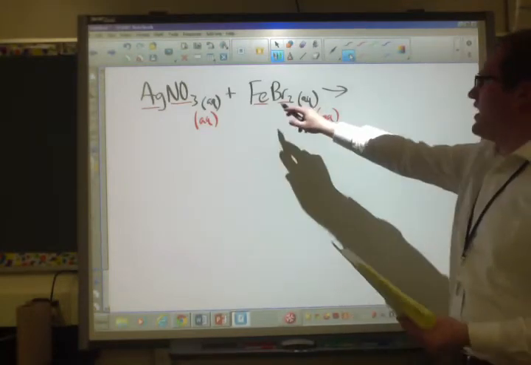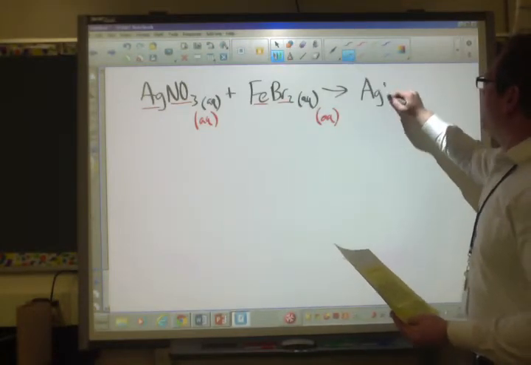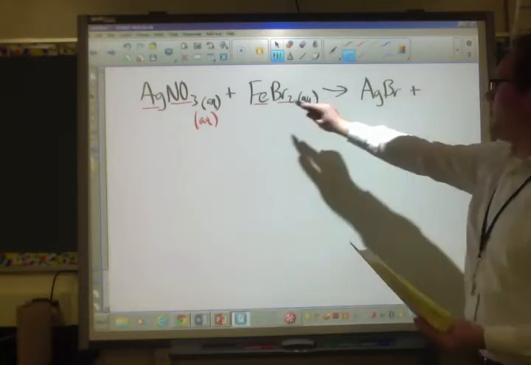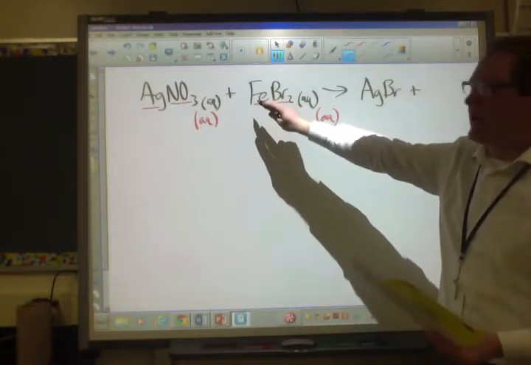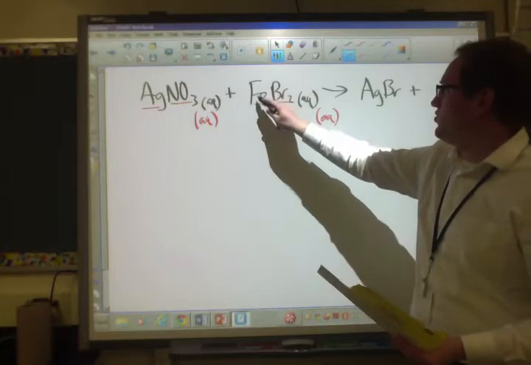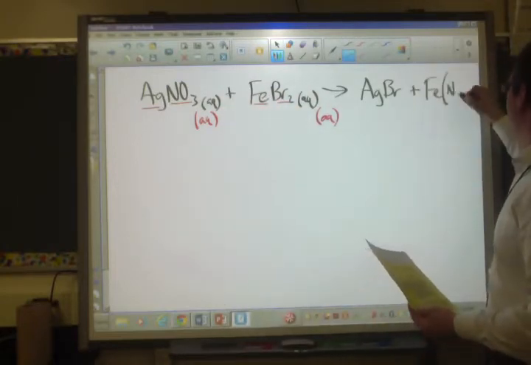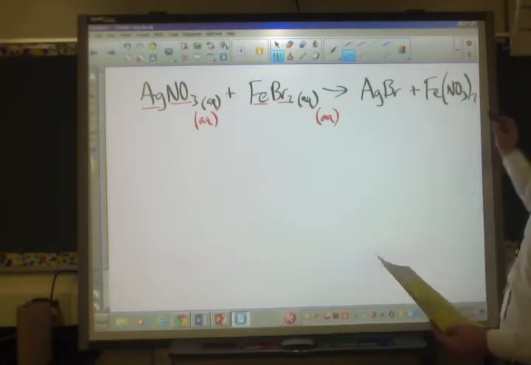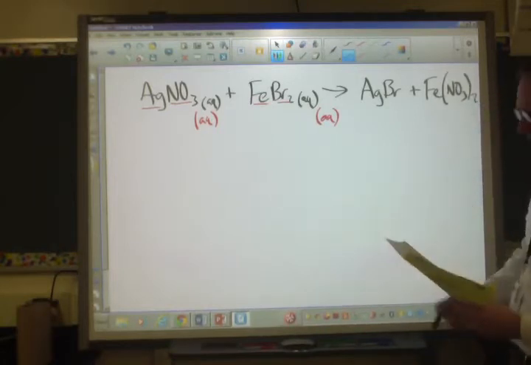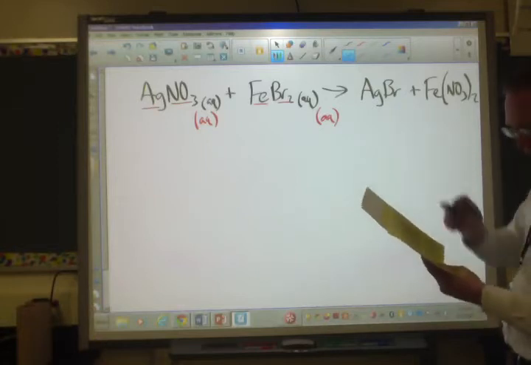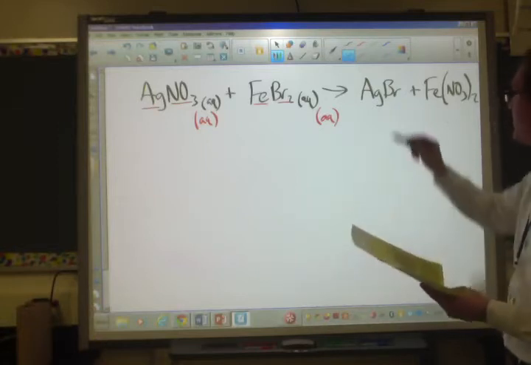So switching up the ions, I get silver bromide, and I get, remember, this iron has to remain iron 2. So iron 2 nitrate, which is going to be Fe(NO3)2. And I'm going to look these up now. So silver bromide is a solid.